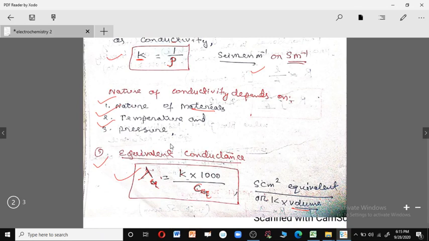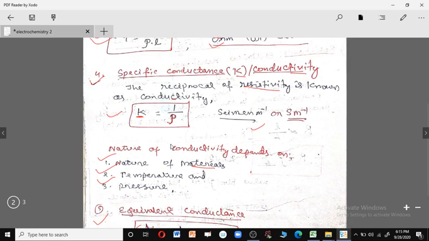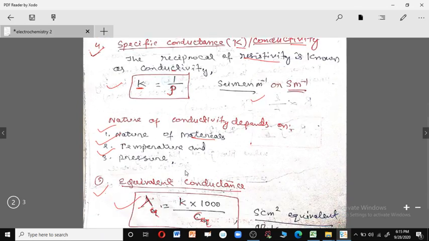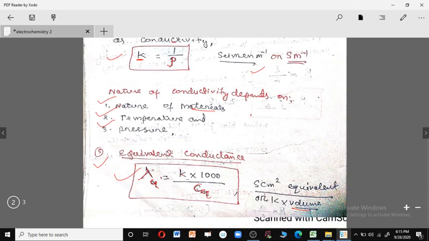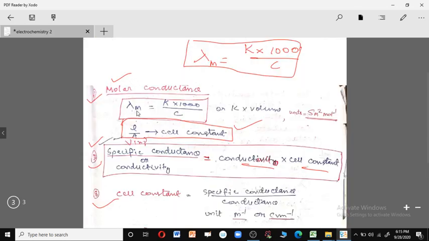Equivalent conductance lambda equivalent equals K, that is specific conductance or conductivity, into 1000 by C equivalent, and molar conductivity is similar, K into 1000 by C. Cell constant is specific conductance, another formula is conductivity into cell constant. Cell constant is specific conductance divided by conductance, in centimeter inverse.